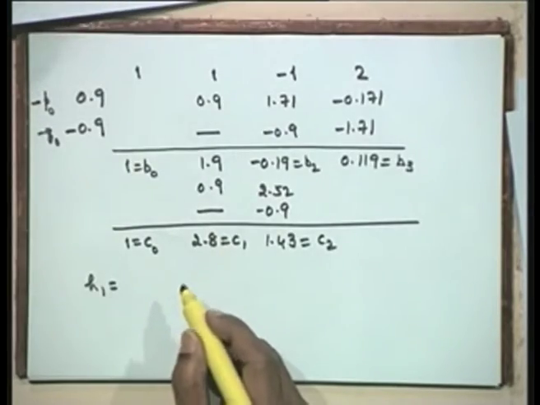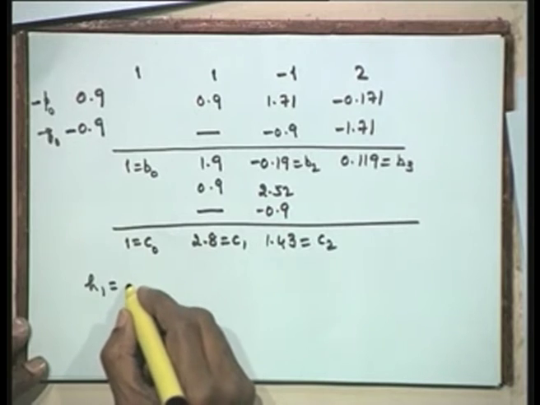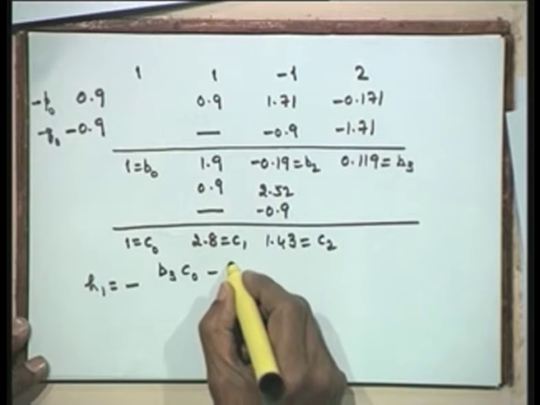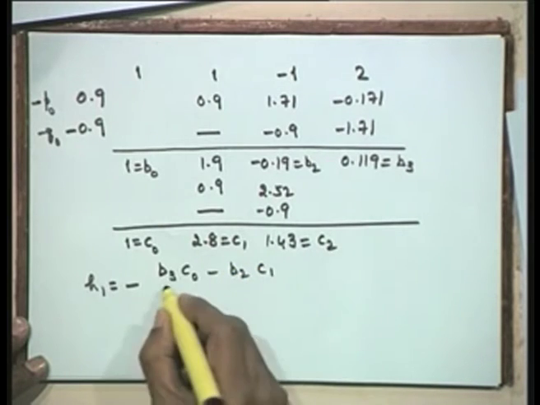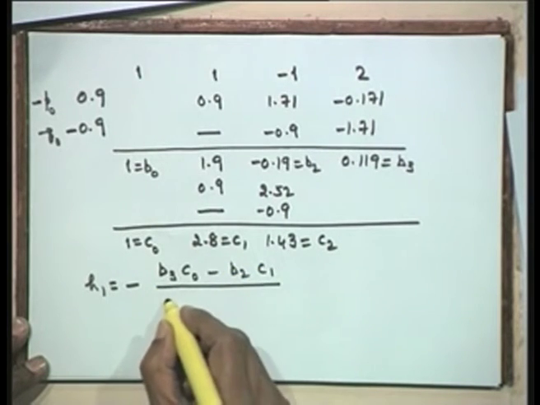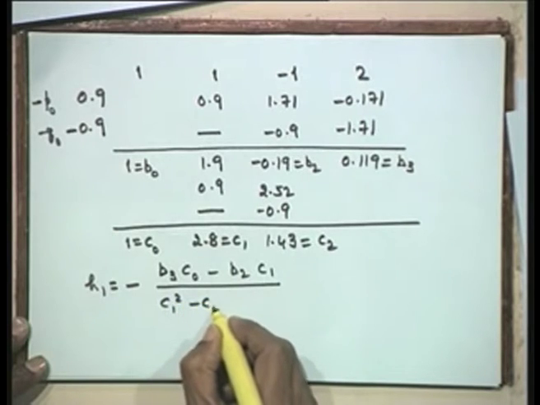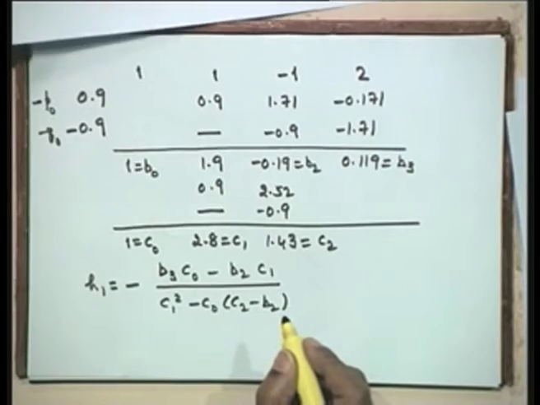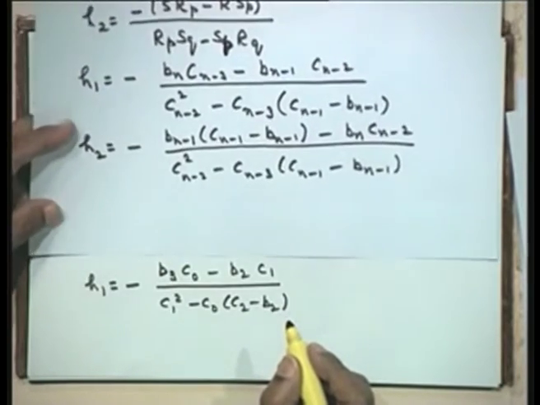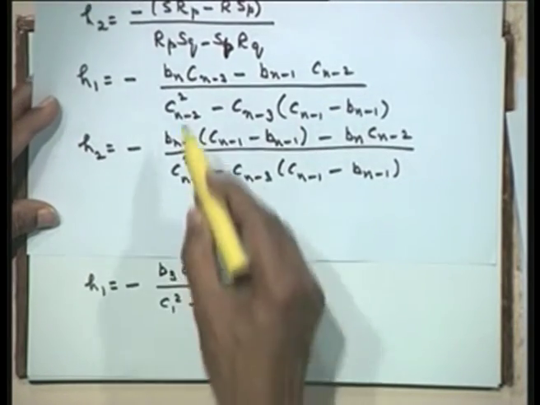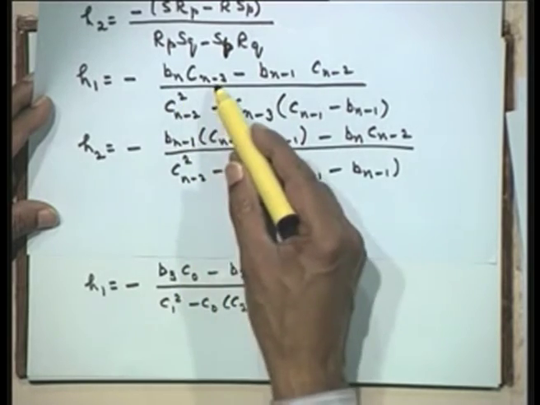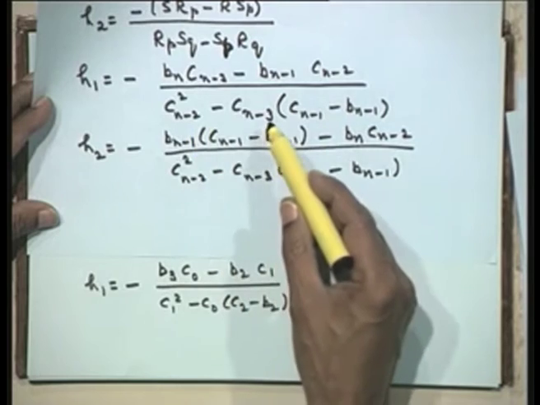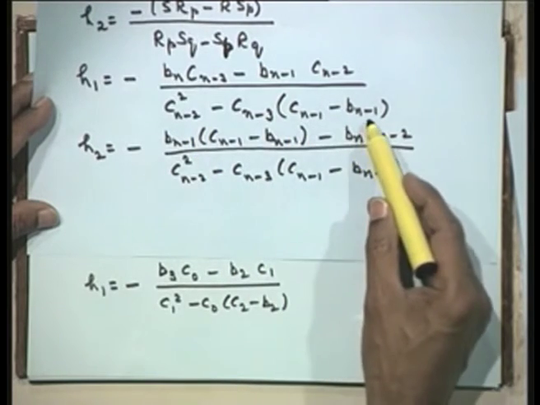If I put n equal to 3, what I would get is minus b3 c0 minus b2 c1 divided by c1 square minus c0 into c2 minus b2. I will just put it on this slide, so that it is easier for you to have a look at it. n is equal to 3, this is b3 c0 minus b2 c1, this is c1 square, this is c0 c2 minus b2.